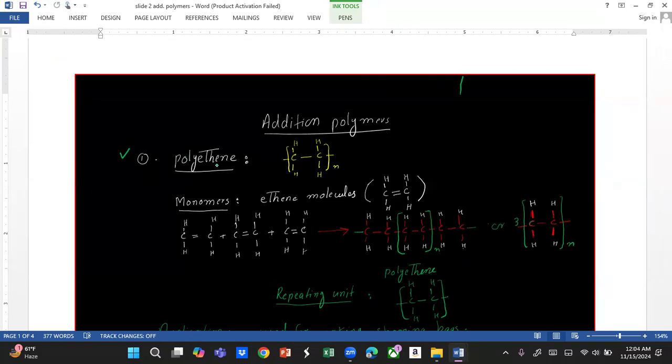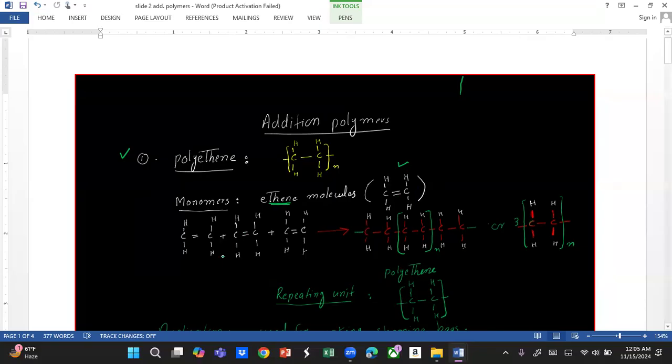These molecules are ethene molecules. You can see this is ethene, and this is the structure of ethene. Ethene is an unsaturated hydrocarbon in which addition reactions take place. That is why it undergoes addition polymerization.